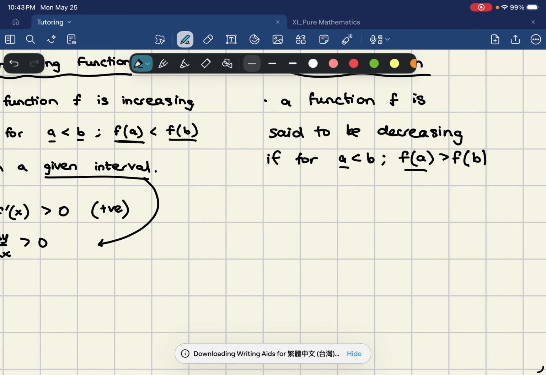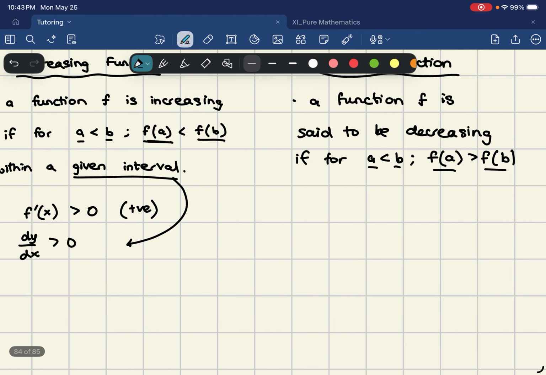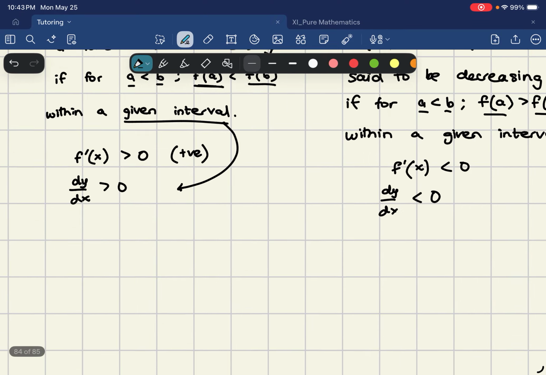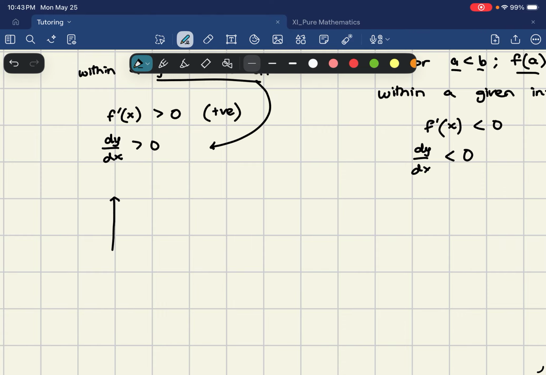The output is bigger than the output for the bigger value. So that is a decreasing function within a given interval. So the idea is that f dash of x is going to be negative, or dy by dx is going to be negative. So now let's look at this diagrammatically, right?